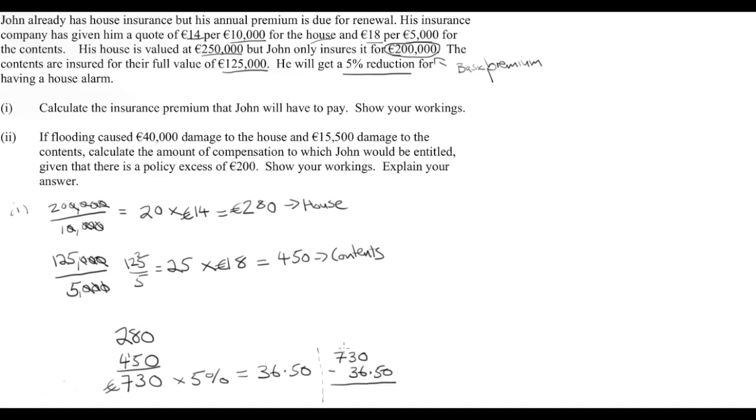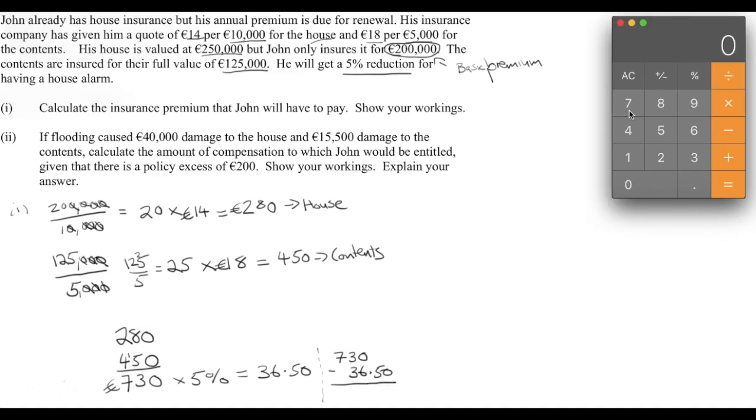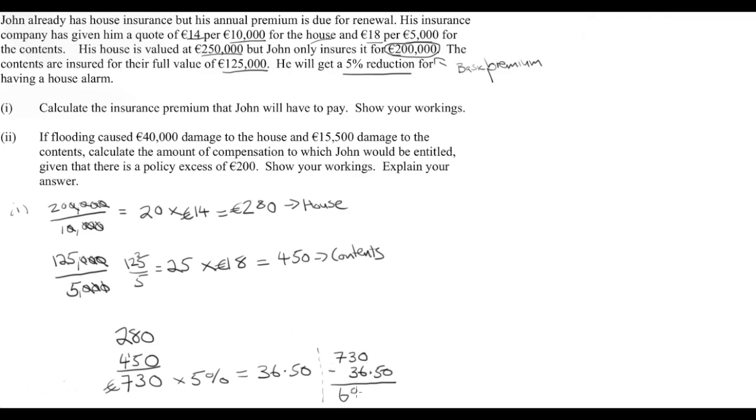I'm going to use a calculator. 730 minus 36.50 equals 693.50. 693 euros and 50 cents.